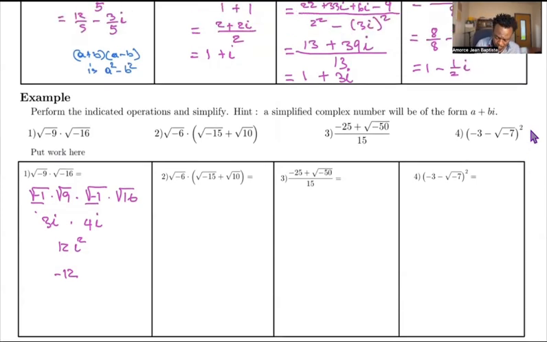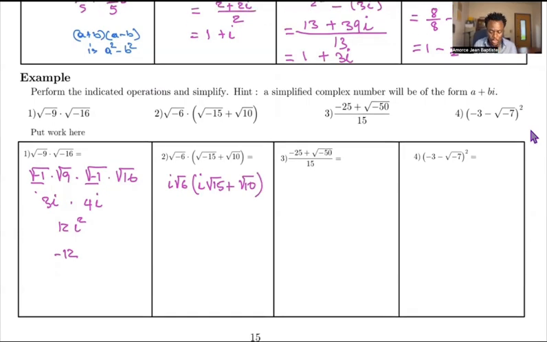So the same thing here. We're going to distribute this. But before that, let's do this. That's i square root of 6 times i square root of 15 plus square root of 10. Now we're going to distribute i square root of 6, which is now i squared square root of 6 times 15.